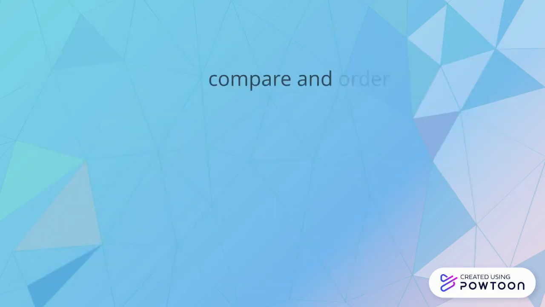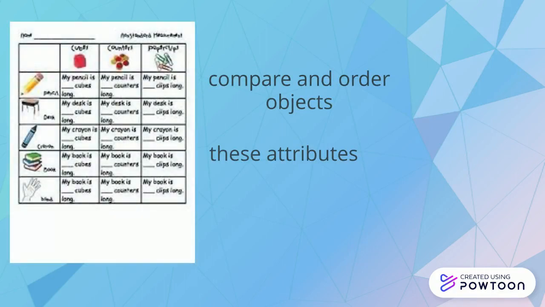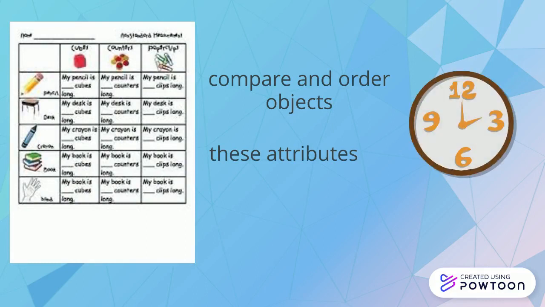They should also be able to compare and order objects according to these attributes and understand how measurement using non-standard units of measure might take place. Students should also select an appropriate unit and tool for the attribute being measured.